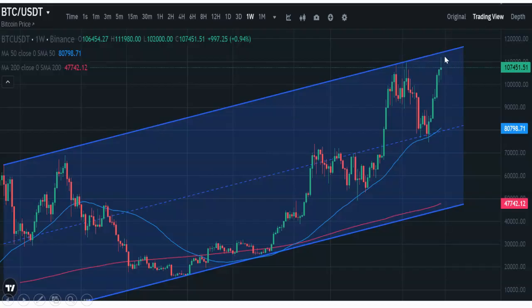It's very good that it has barely touched the upper trend line here, or upper band of the channel. It's going to be great if you would like to buy the dips.